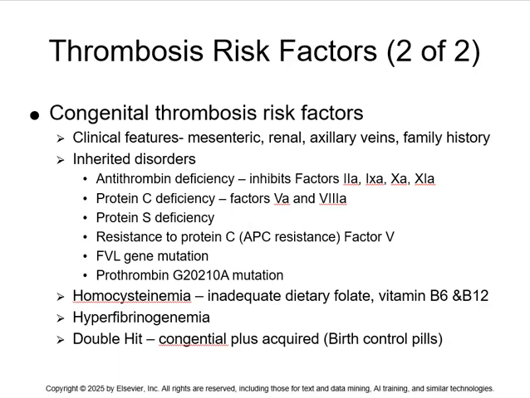There are some congenital issues that we run into for thrombosis. Clinical features, in other words, family history, something with their veins, kidney issue, intestinal issues, any of those kind of clinical things. Then inherited antithrombin deficiency, which should block 1, 2, 2, 9, 10, and 11.